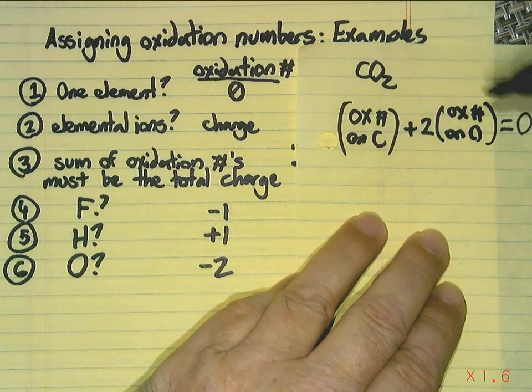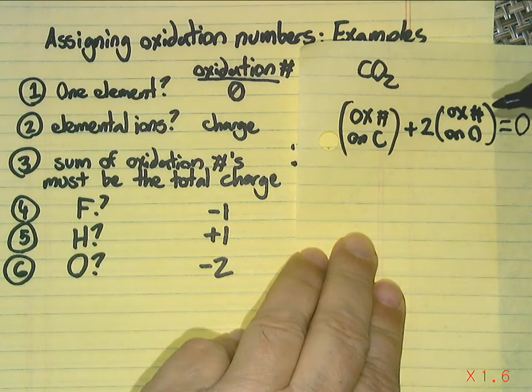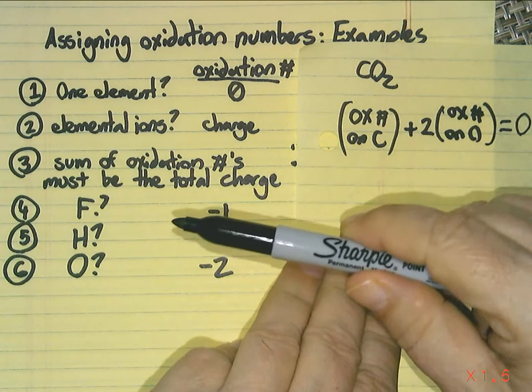Okay, that's where rule 3 takes me. I've got to go a little further though because I have one equation with 2 unknowns. Let's go down to the next rule and see if that helps.